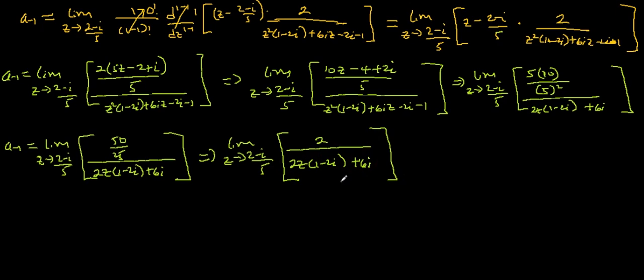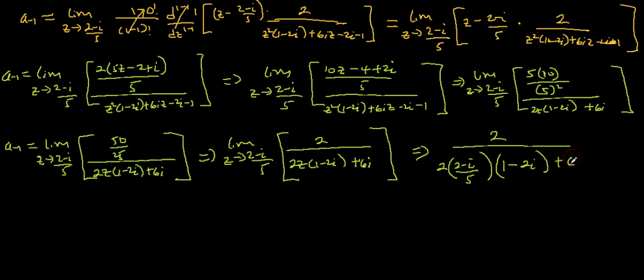So now we can directly substitute our value of z here, which we are going to have it to be equal to 2 divided by 2 into z, which is 2 minus i divided by 5, and this is multiplying 1 minus 2i here and plus 6i.